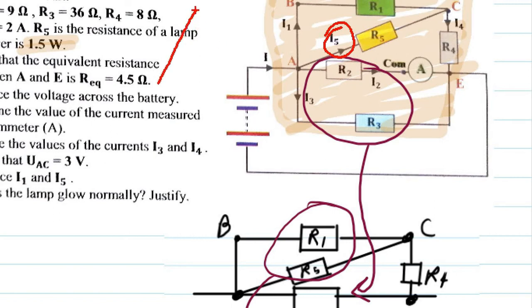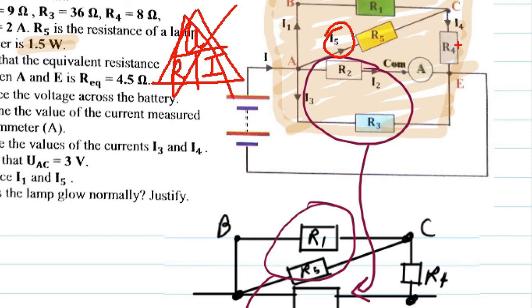We cannot use Ohm's law in this case. Why can't we use Ohm's law? Ohm's law requires that I know two quantities to find the third, and therefore I don't have I5 and I don't have the terminals of R5, which are A and C, so I cannot use Ohm's law.